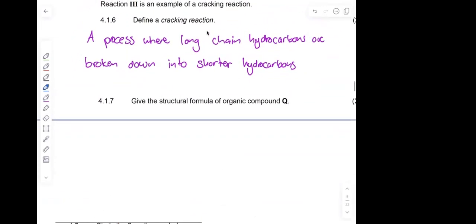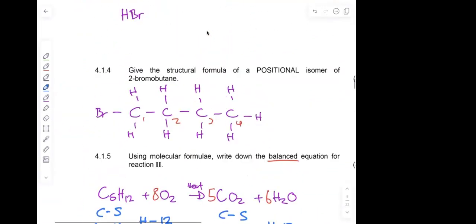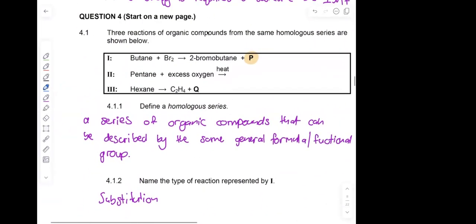Okay, then 4.1.7 says, give the structural formula for organic compound Q. Let's quickly go back and see what is organic compound Q. Organic compound Q, we've got hexane giving us C2H4 plus Q, right? So this is an example of that cracking that they were referring to.